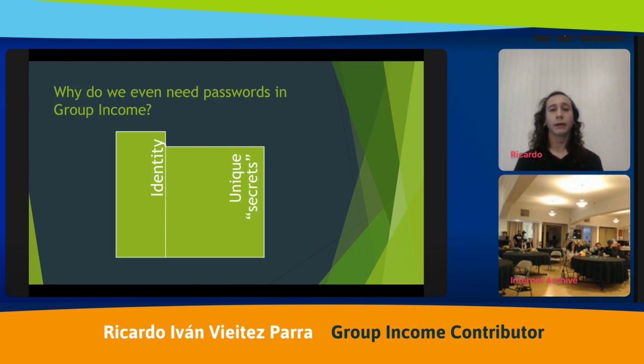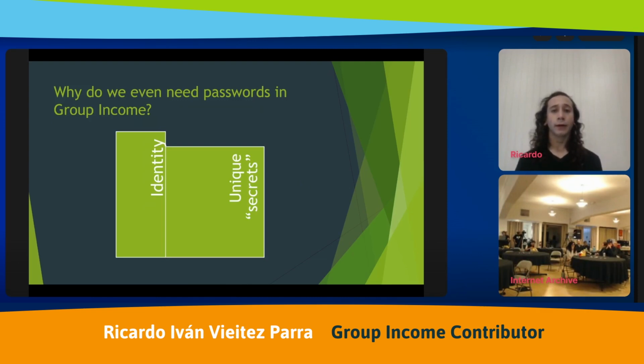And in particular, in Group Income, unlike how it works with other sites that are not decentralized the same way that Group Income is, I'm comparing now Group Income with sites that have a central server, which is how most sites on the internet work.